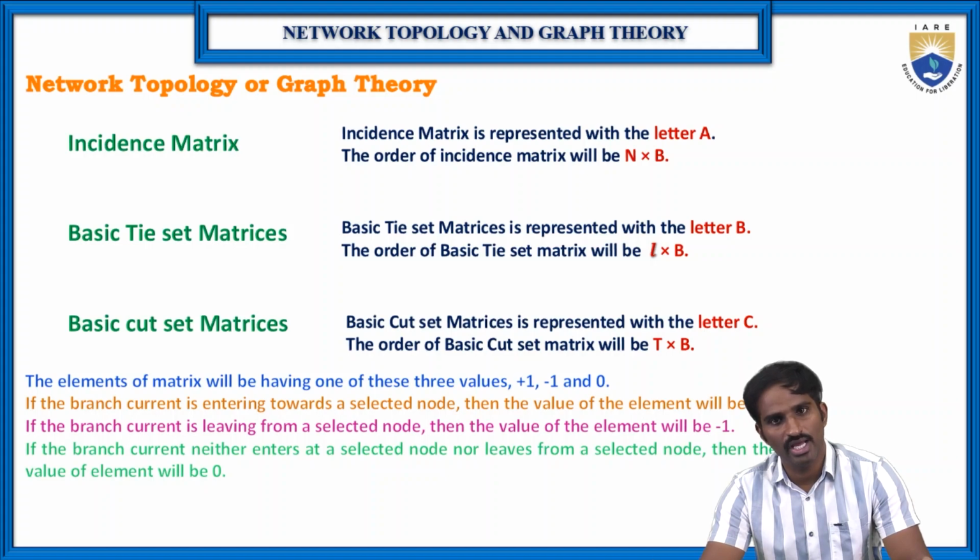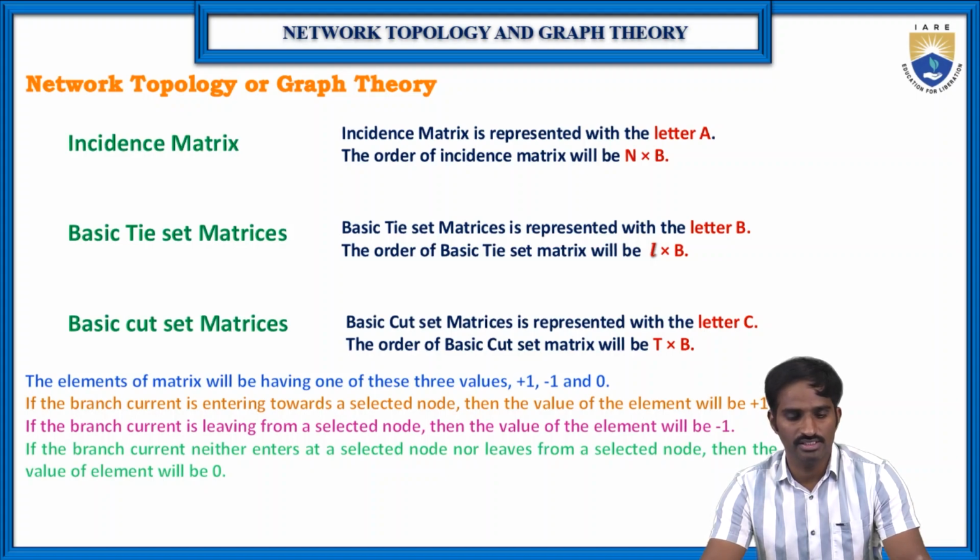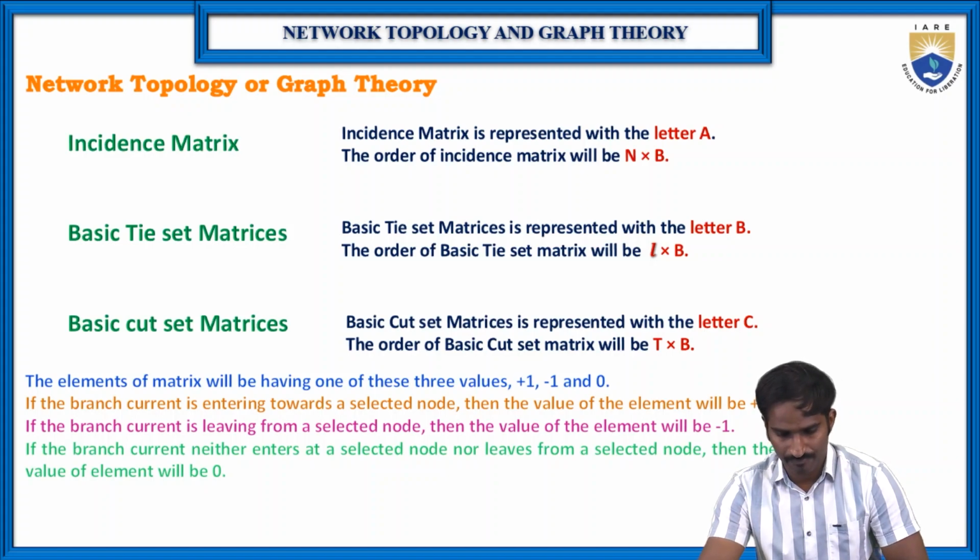If the branch direction is the reference direction, then we consider it as +1, and if it is opposite to our reference direction, then it is considered as -1. These are the common conditions that we are going to follow to write the incidence matrix, basic tie set matrix and the cut set matrix.